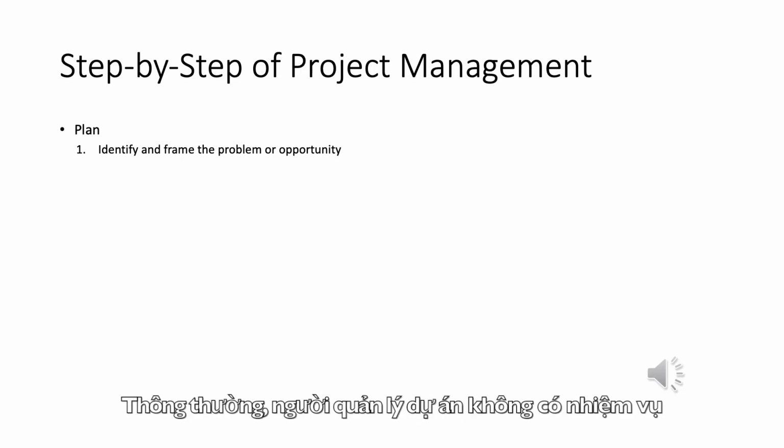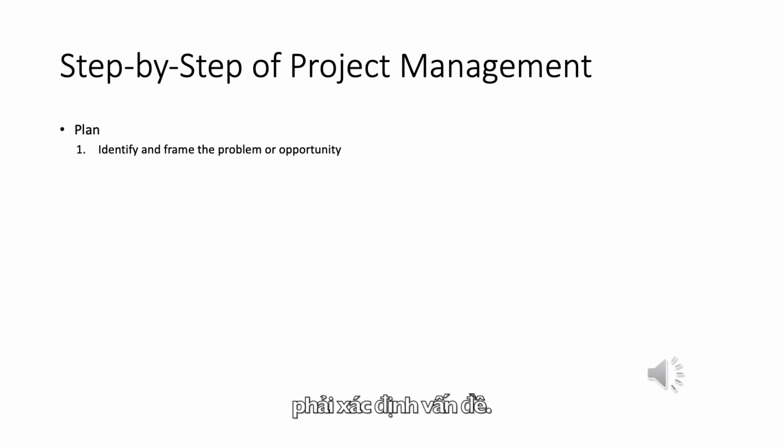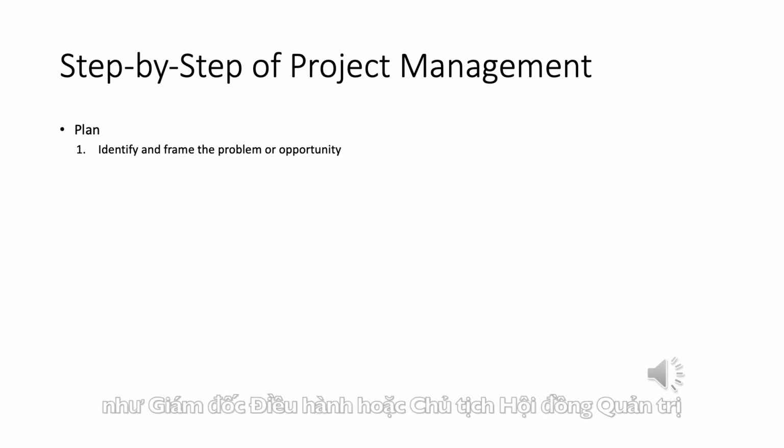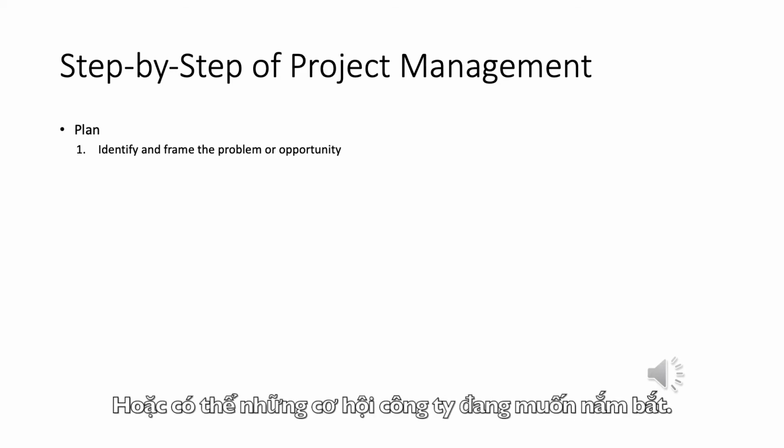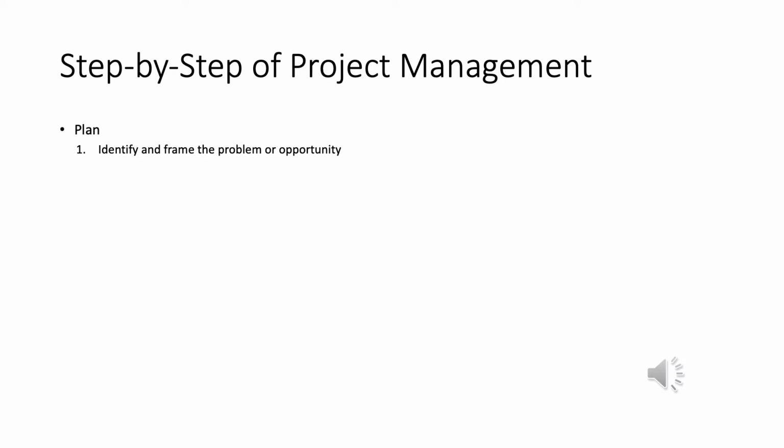More often than not, it's really not going to be your job as project manager to determine what the problem is. Usually, someone in senior management, like the CEO or the board of directors, will come to you and tell you exactly what problem needs to be addressed, or maybe what opportunity the company wishes to pursue.